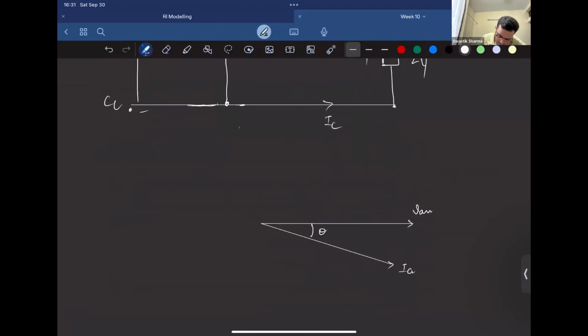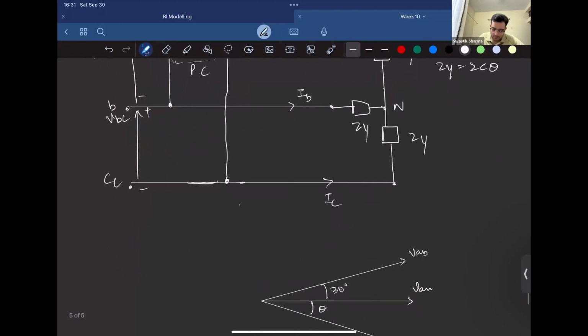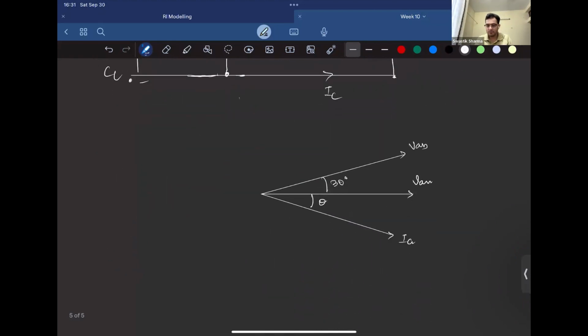And we also know that line quantities lead phase quantities by 30 degrees. So this is how these two quantities will look like.